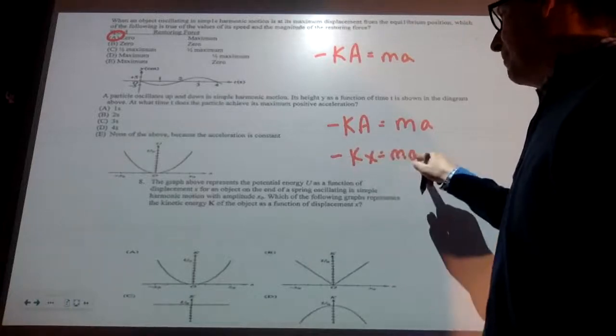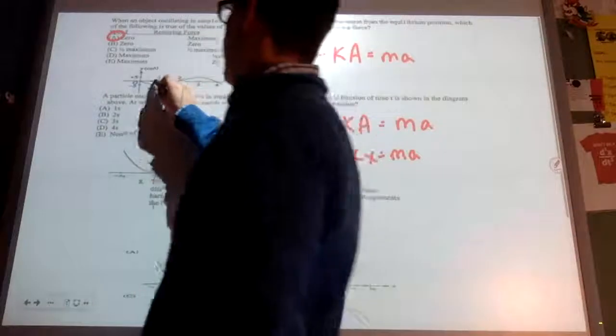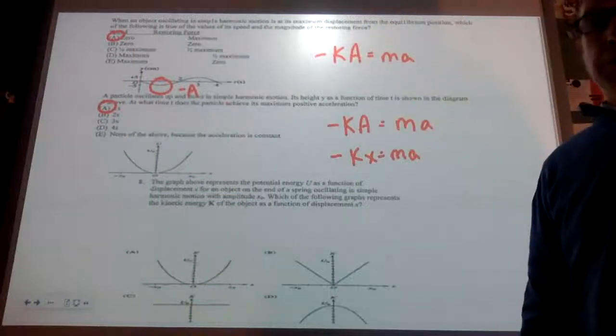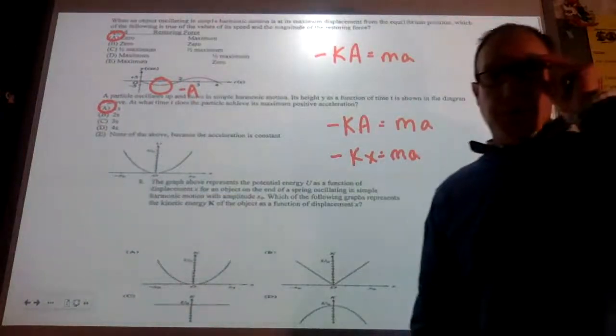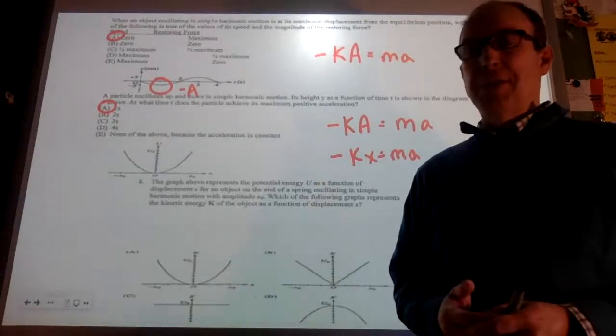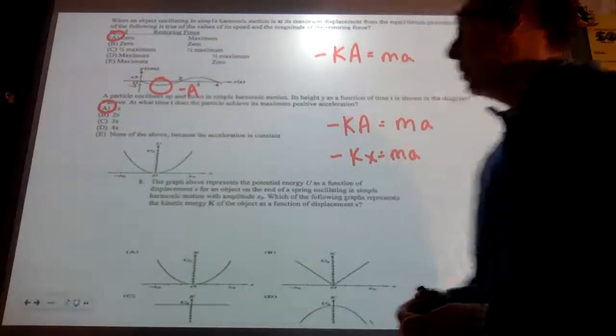So when this is negative, that's going to be positive, and when this is the biggest, it looks like negative a happens at 1 second. So the force is proportional to the acceleration. The acceleration is proportional to displacement, and the displacement and acceleration are in opposite directions.